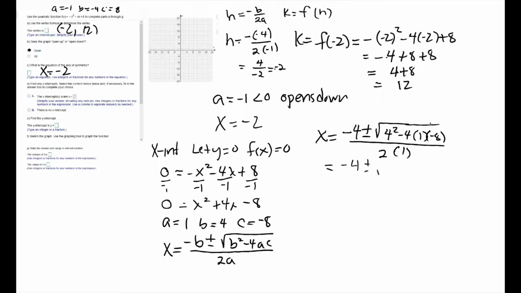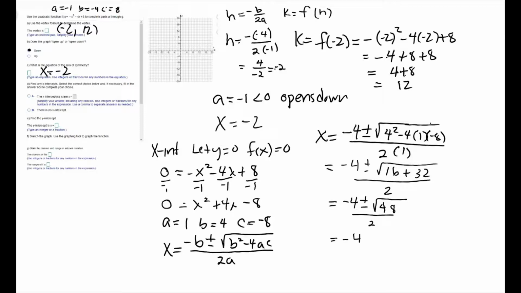So underneath the radical, 4 squared is 16. A negative and a negative is a positive, and 8 times 4 would be 32. 16 plus 32 would be, let's see, 48.